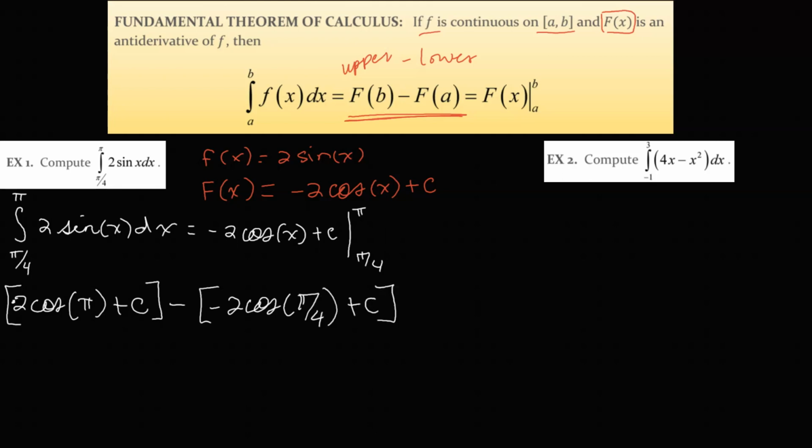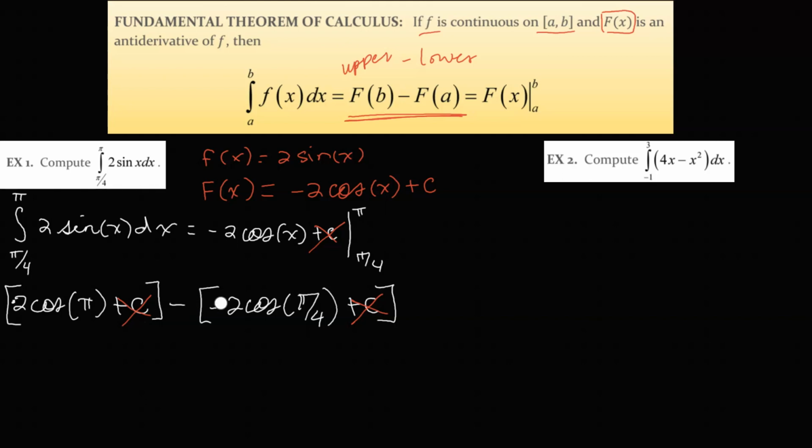Do you now see why the c doesn't matter? Because when you distribute the negative, you will have c minus c. That is always going to be the case, so that c doesn't really matter, and we don't need to write it in the future.